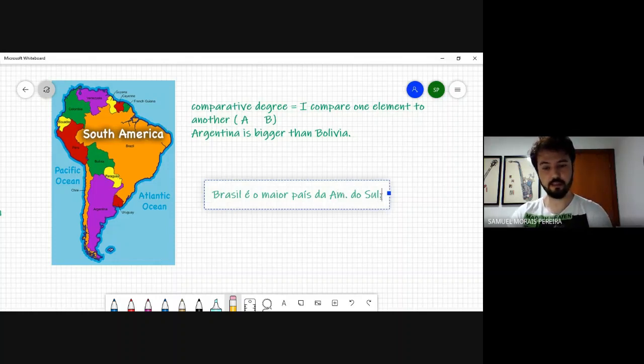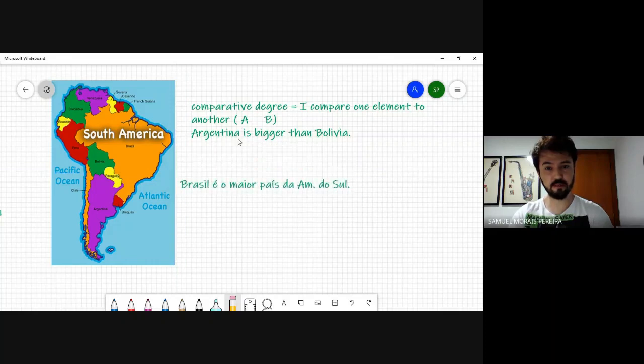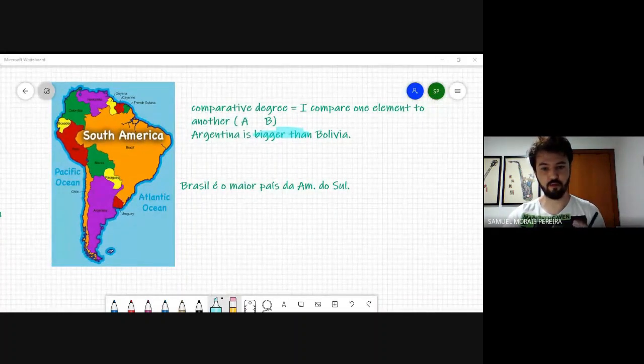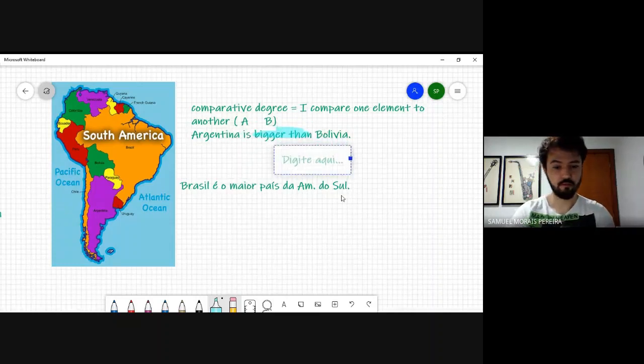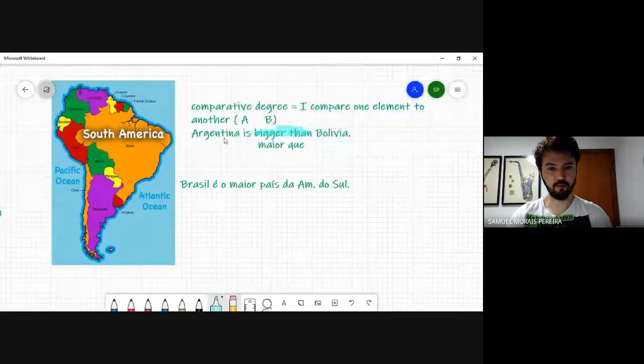Take a look. This sentence here is different from this sentence here. When I say Argentina is bigger than Bolivia, bigger than significa maior que, right? Oh, maior que. I'm gonna write here, maior que. This is comparative, comparando um com o outro.